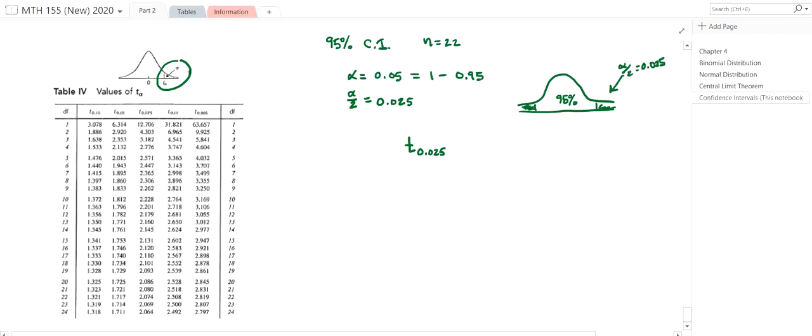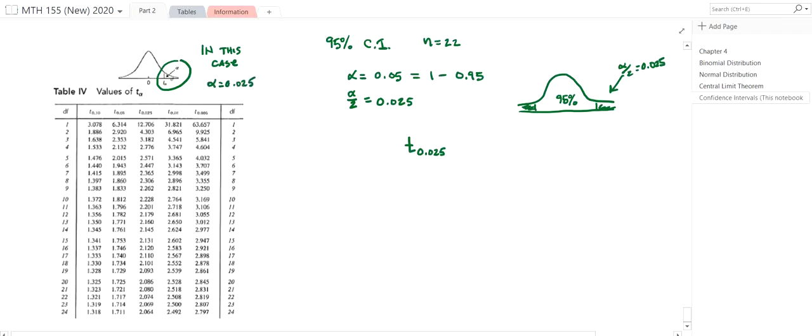So really what you need to consider here, I'm just going to put in this case, to use this table. And you have to understand what you're doing in order to interpret any particular table correctly. But in this case, alpha here is going to equal 0.025.